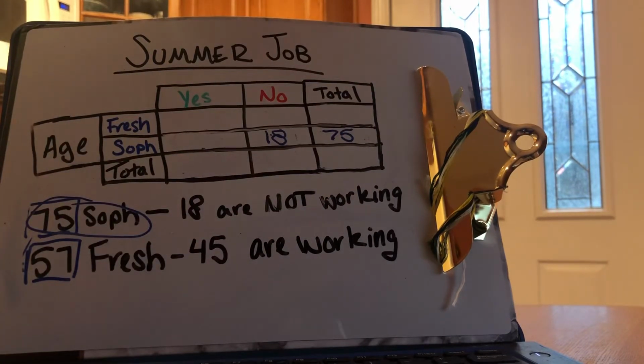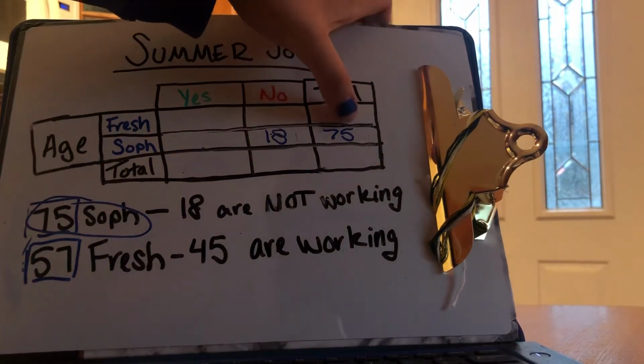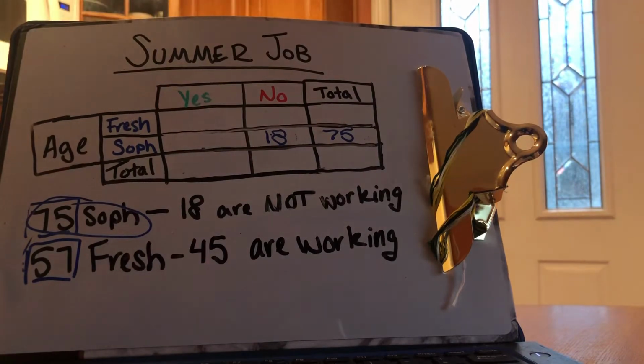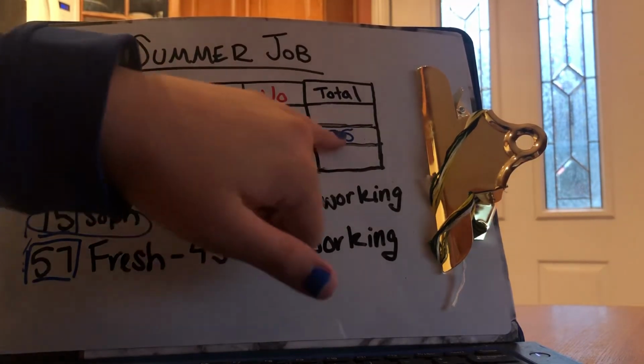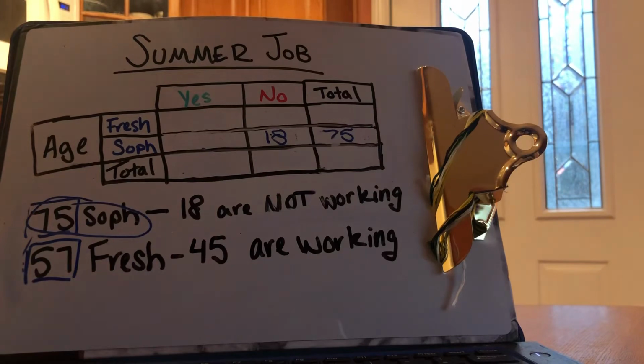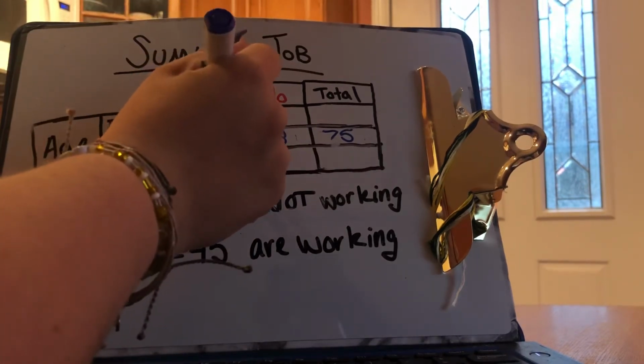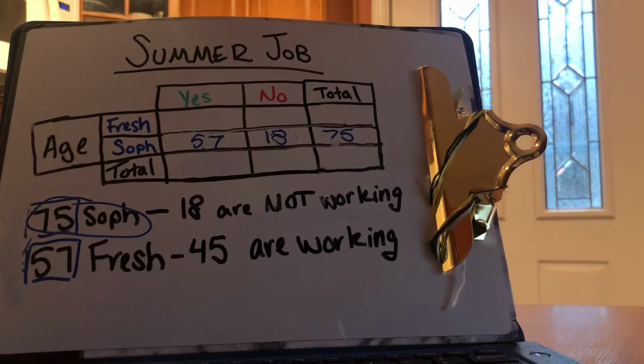Now, it doesn't say how many are working, but there is a way to find it. We would just do 75 minus 18. That would give us our missing blank, right? Because these two things have to add up to 75. So I need a number that can be added to 18 that gives me 75, and that would be 57. So my sophomore column is now done.